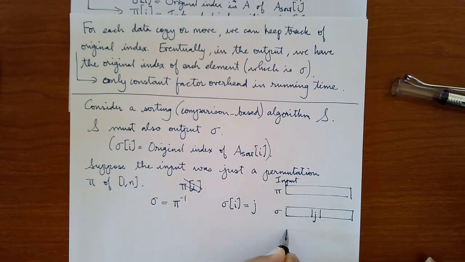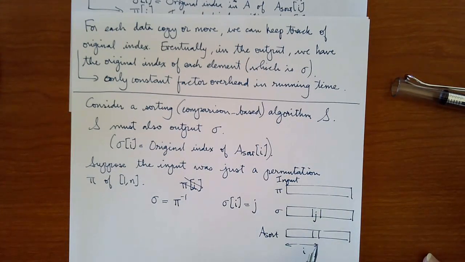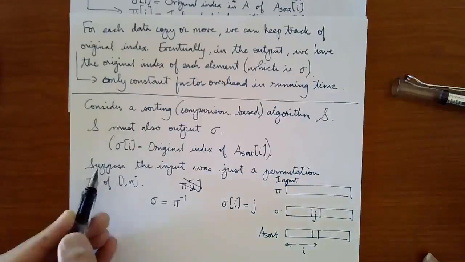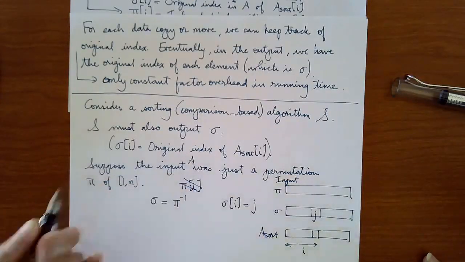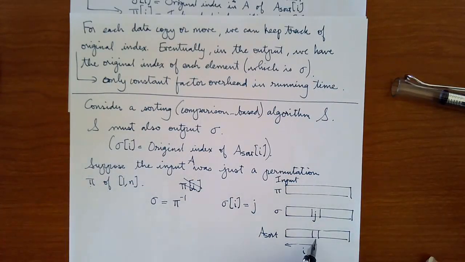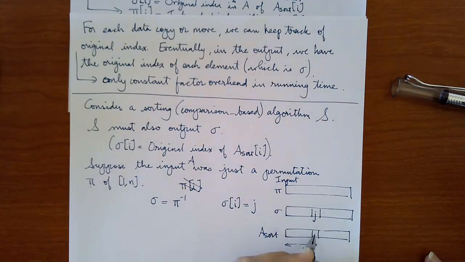But in the sorted order, if you look at A sort, what goes in the ith position? The input A is just a permutation pi of 1 to n. If you sort the permutation, what goes in the ith position? It's just I.